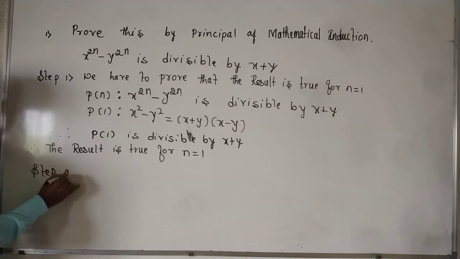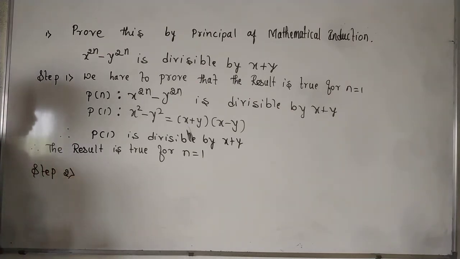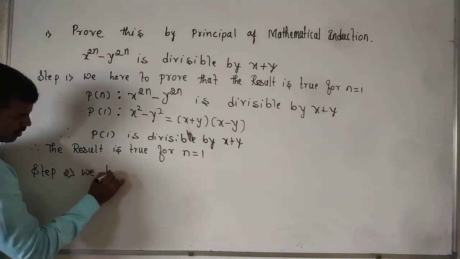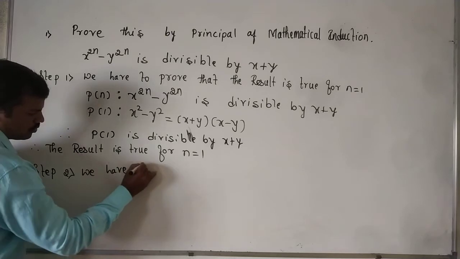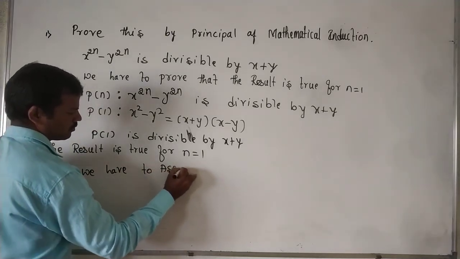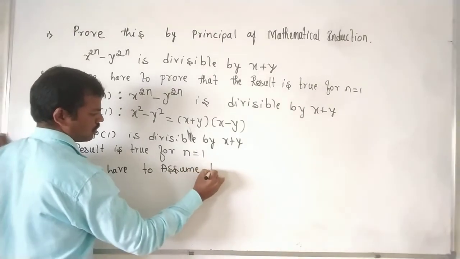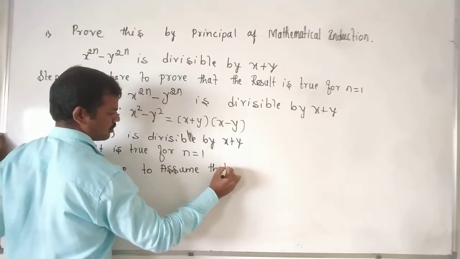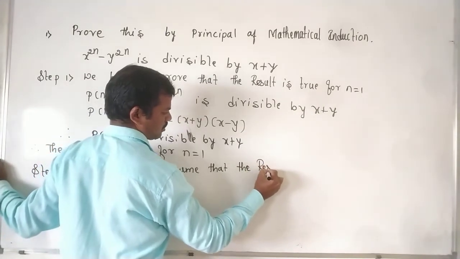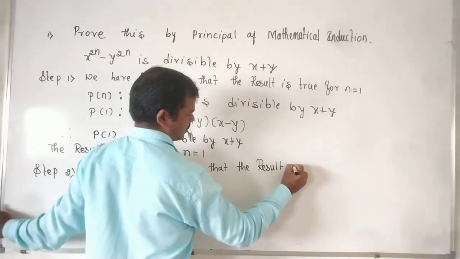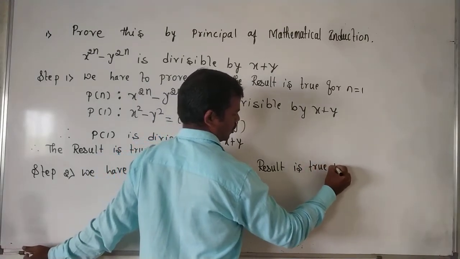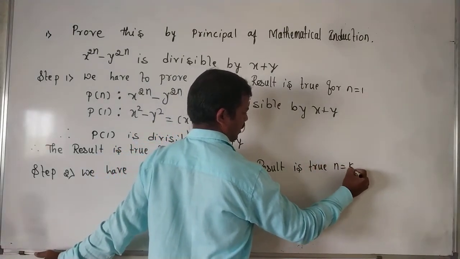Step 2 is that we have to assume that the result is true for n equal to k.